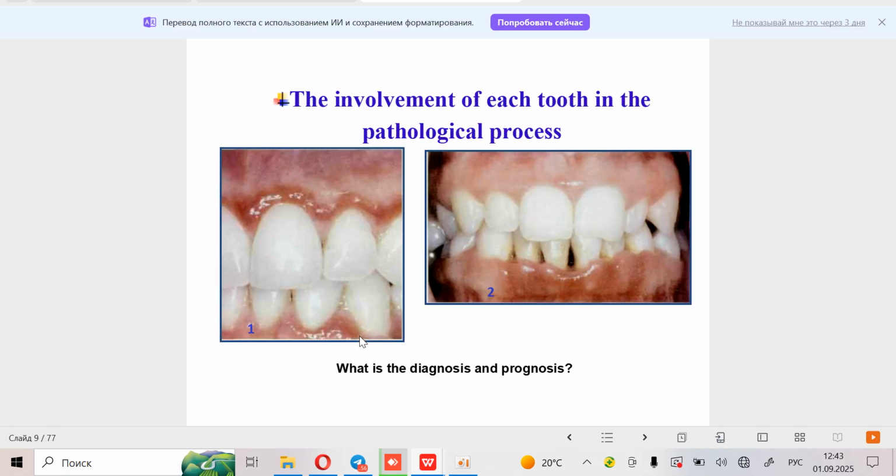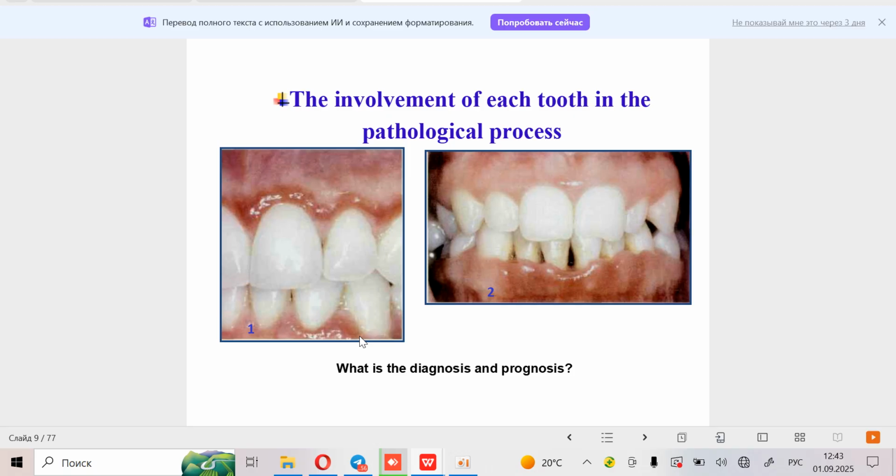The next, the involvement of each tooth in the pathological process. You can see 2 clinical cases now, and it is necessary to determine the prognosis of the pathological process in each case. In the first case, the pathological process is localized within the marginal parts on the gum.